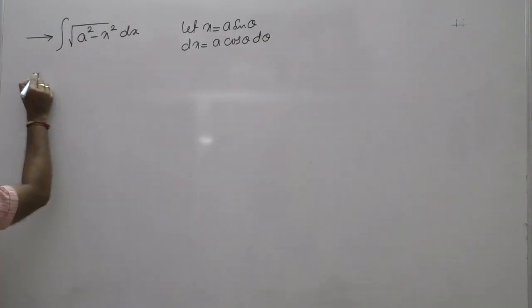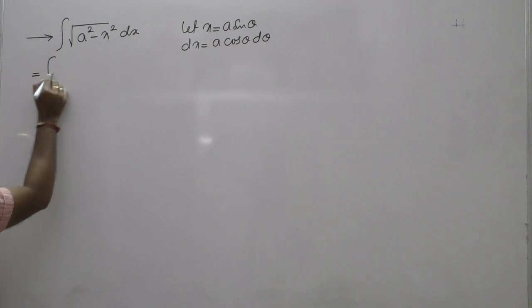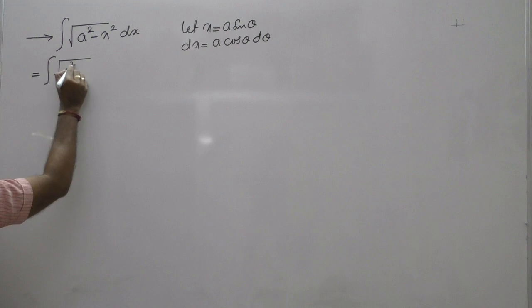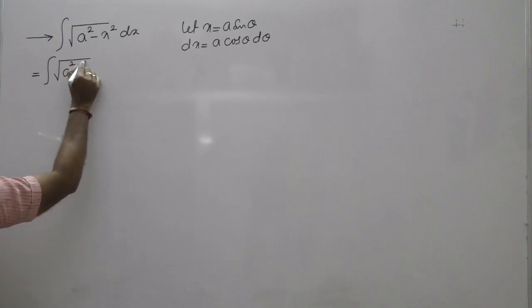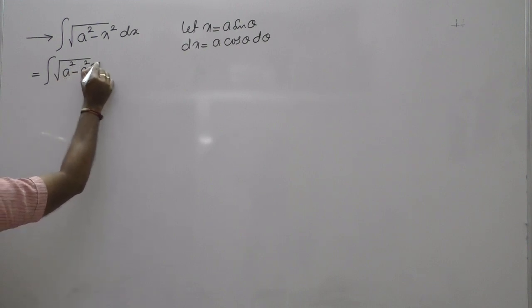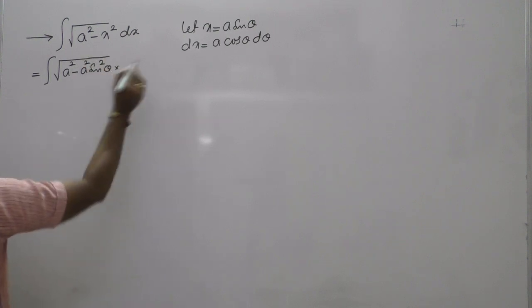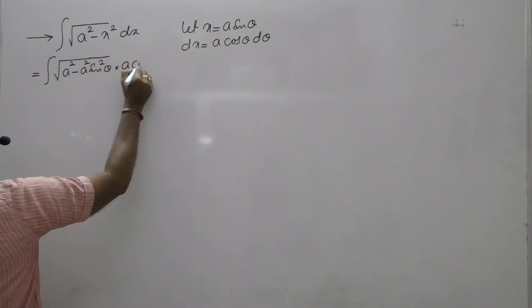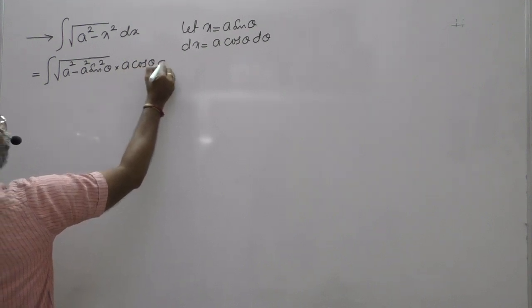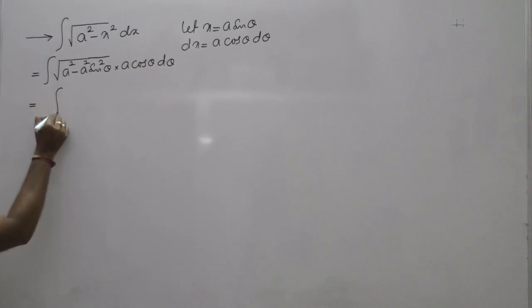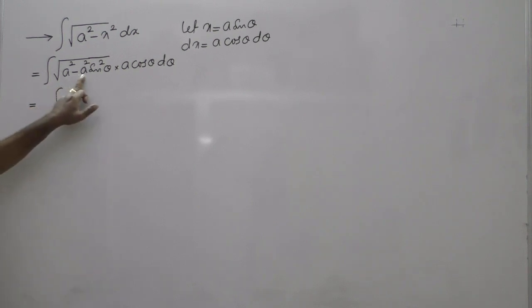With this substitution, the given integral becomes root over a square minus, what is x square? a square sin square theta. And dx is a cos theta d theta. Let us simplify this. If I take a square common, its square root will be a.